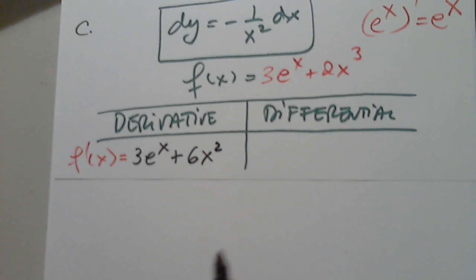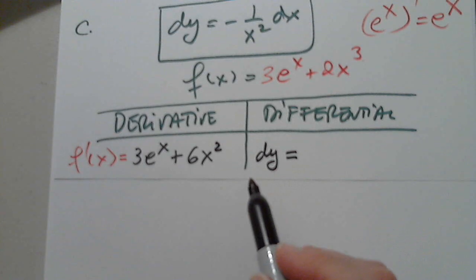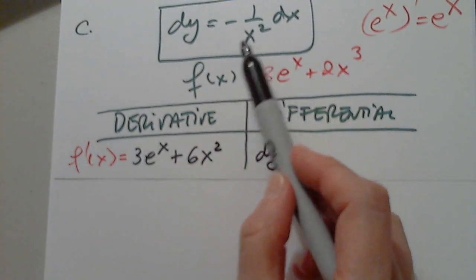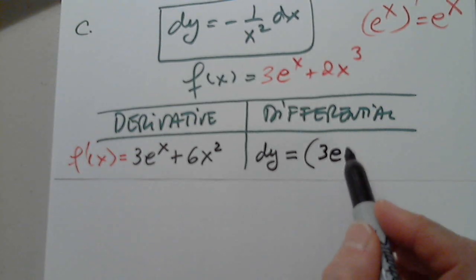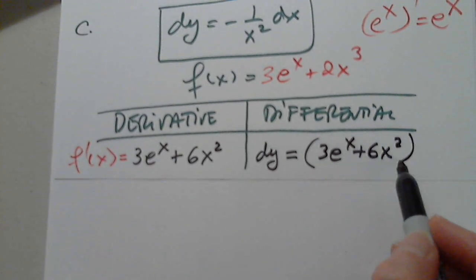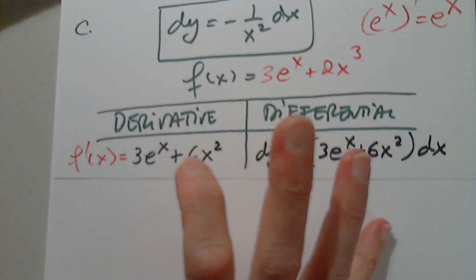Good. Now the differential is not f prime, but is dy. And as you see it here, it is the derivative times dx. Please understand the difference. See the difference here?